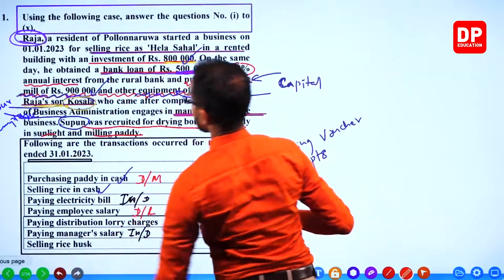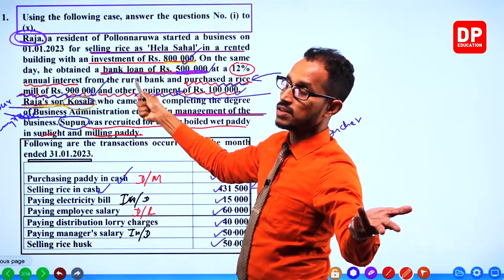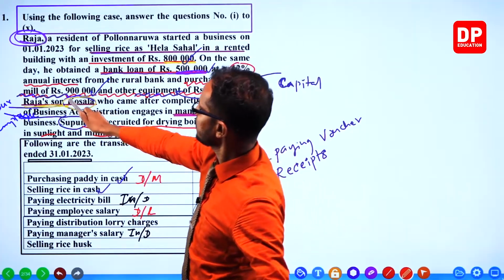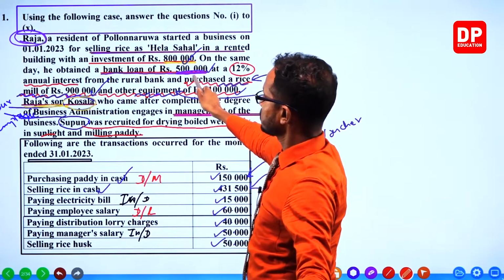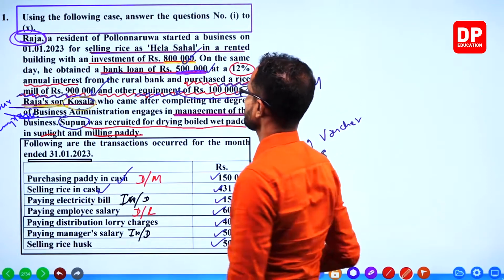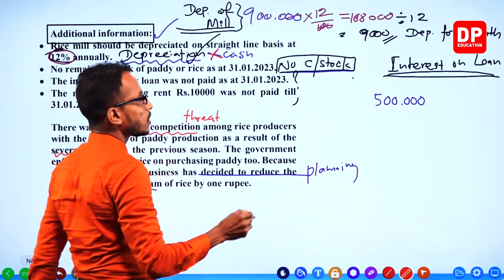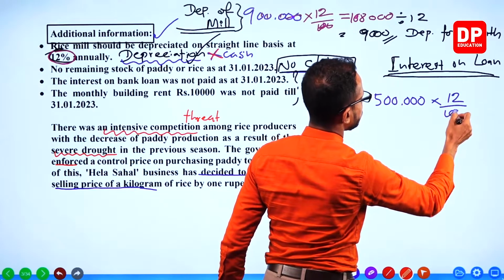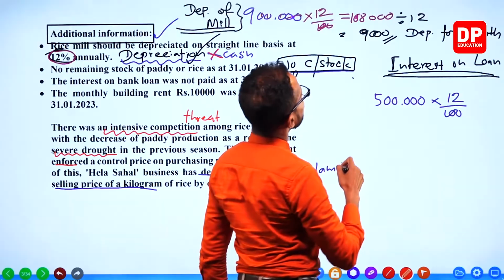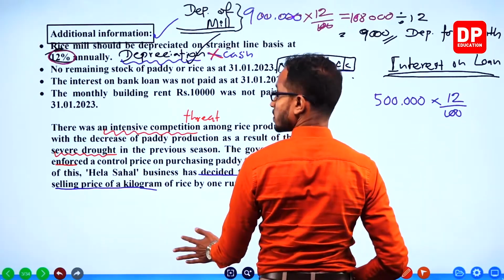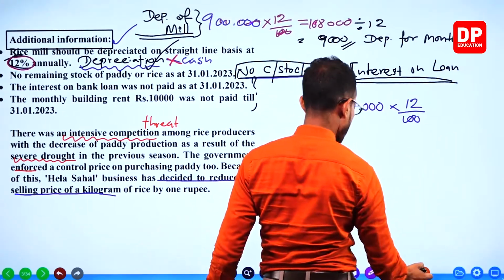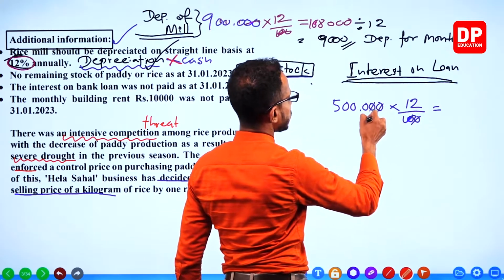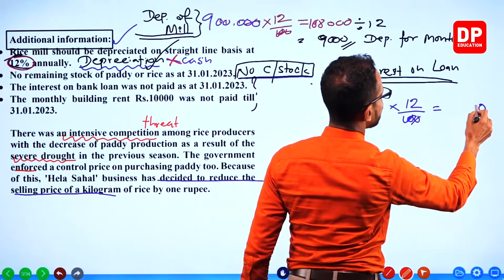Again, just like the depreciation, bank loan 500,000 at 12%. Bank loan into 12%. The answer is 60,000, when you cut the zeros.